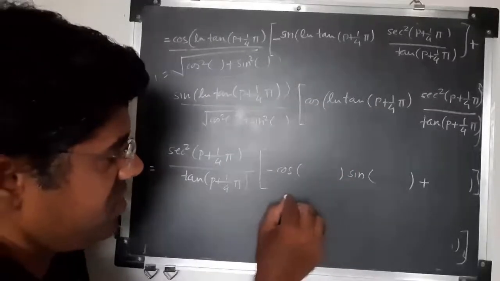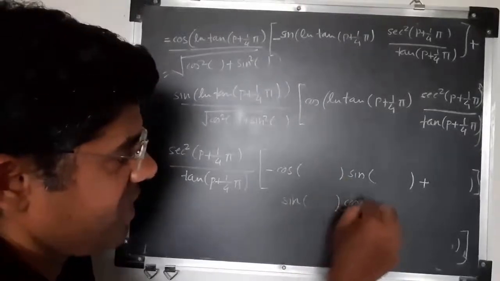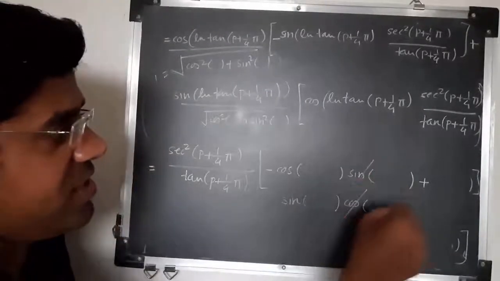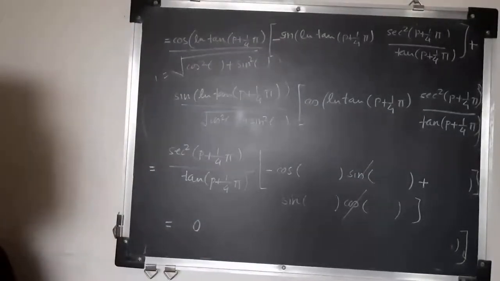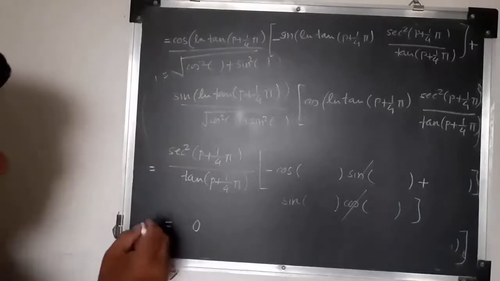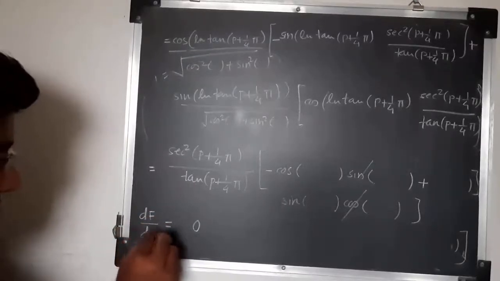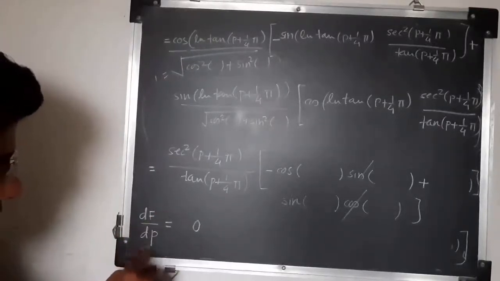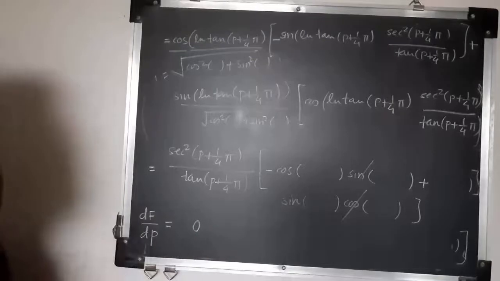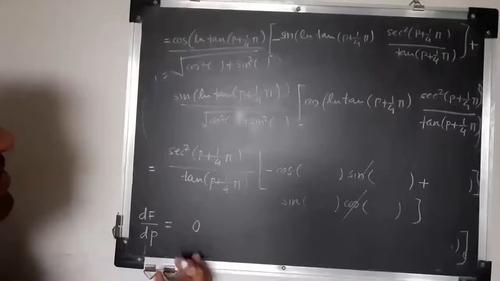Okay, so this is sine into this same bracket, and cos times sine. So this gets cancelled and you will get 0. Okay, so what value will you get? 0 over here. So this is df by dp. Suppose z is the particular function we have taken, so df by dp you will get 0 over here. So f is probably a constant function.